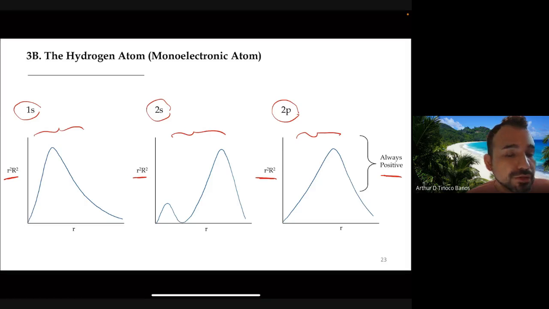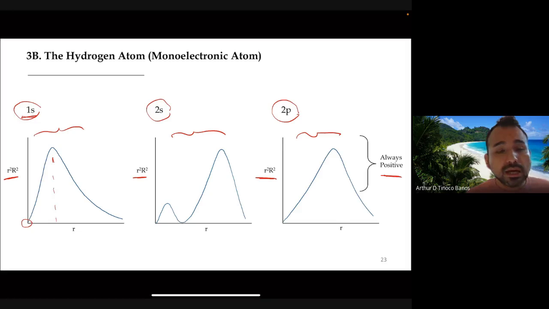What other features do we see? Let's focus on the 1s orbital. As you approach the origin here, your value is going to be equal to 0, because you don't have enough space for the electron to fit. Then you have a maximum value of the probability, and that's going to be at the value of a naught, the Bohr radius.